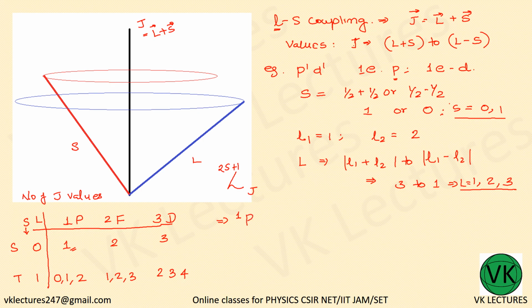This is P, J value is 1. This is one of the spectral states, or spectral terms.